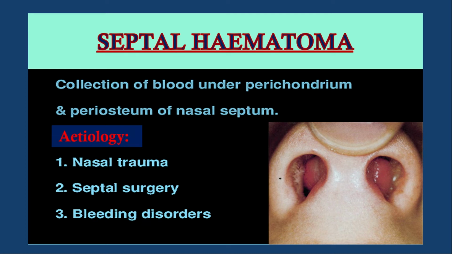It can also occur without any perceptible trauma in patients who have bleeding disorders like hemophilia. It looks like a dumbbell-shaped swelling in both nasal cavities on both sides of the nasal septum. It's compressible and one can check it with a probe.